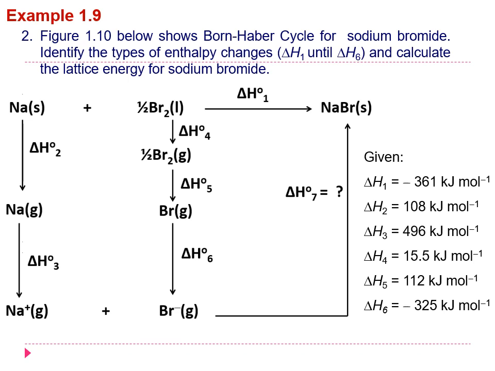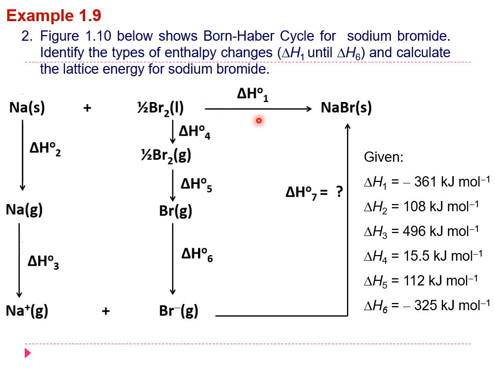Let's do question number 2 of example 1.9. In your course book, you can write the answer in small handwriting next to the delta H. So the question is, identify the types of enthalpy changes and calculate the lattice energy for sodium bromide.